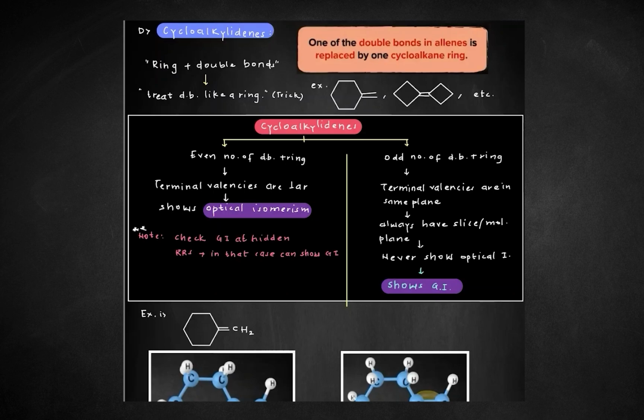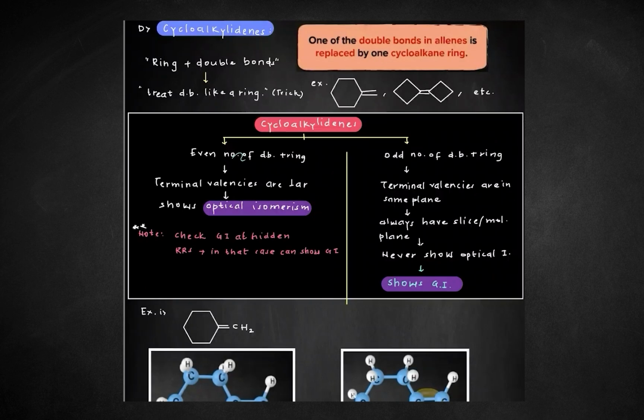Now here, if the number of double bonds plus rings is even, then the terminal valencies are again perpendicular to each other and will show optical isomerism, just like the previous cases. And if the number of double bonds plus rings is odd, that is 3, 5, 7 etc., then the terminal valencies will lie in the same plane and here you have to check for geometrical isomerism.